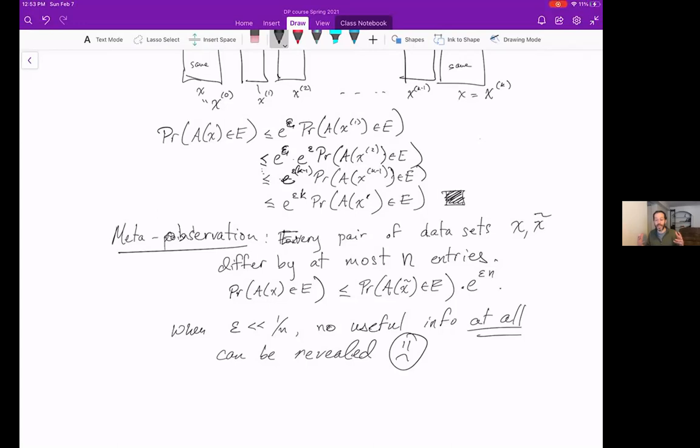There's no way to get the kind of security we get in cryptography, where we get perfect encryption. If we make epsilon really small, then there's nothing useful to be said. If we make epsilon big, then indeed we can do useful things, but then it's much trickier to reason about. We have to be very careful about what exactly we're revealing, and that's the whole point of differential privacy.